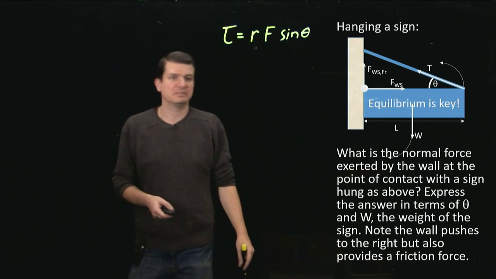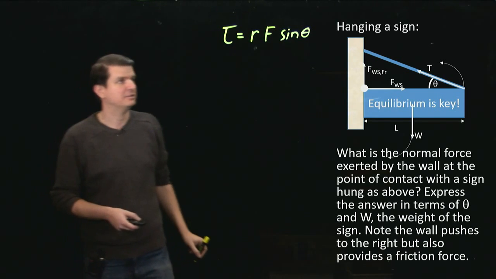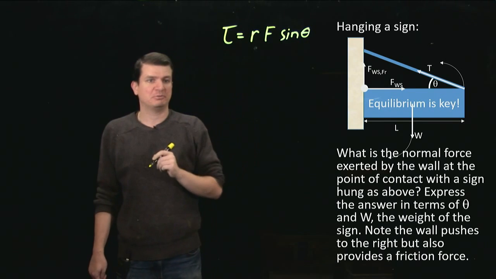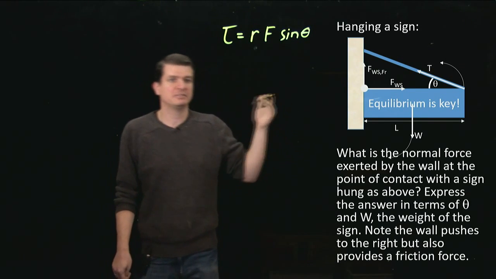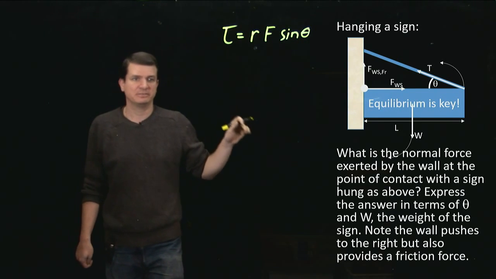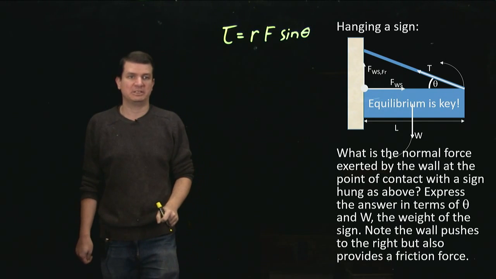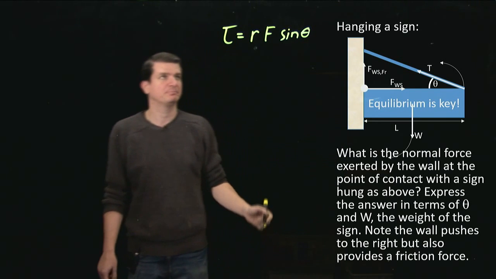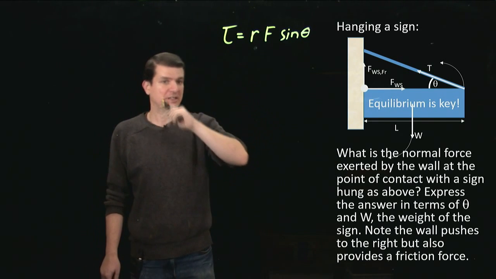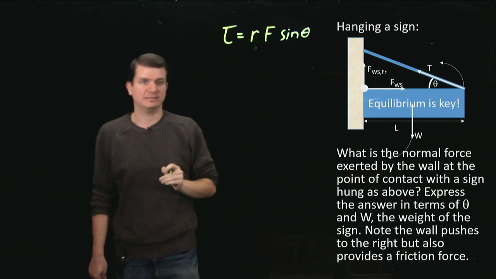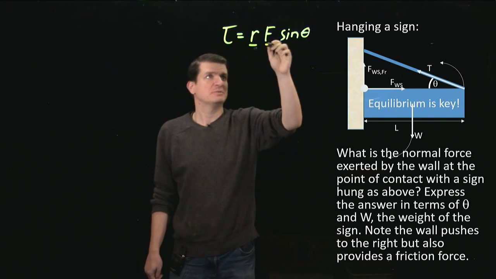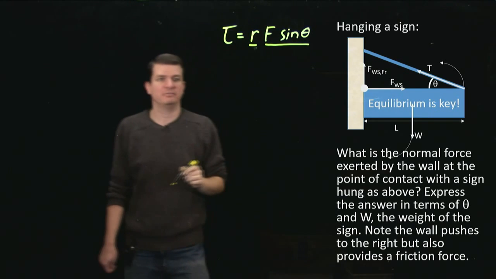So we can write down what the torques are in this case. Okay, so remember that an anti-clockwise torque is taken positive, and a clockwise torque is taken to be negative. So the weight force is a negative torque, the tension is a positive torque. Okay, and what R F sine theta really says is, give me the distance times the perpendicular component of the force.